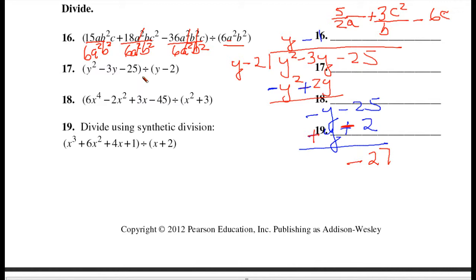And I just want to check that. And that is correct. And then you write your final answer as this, and then you put this over y minus 2. So the remainder would go up here, depending how you're putting it into your math lab program.